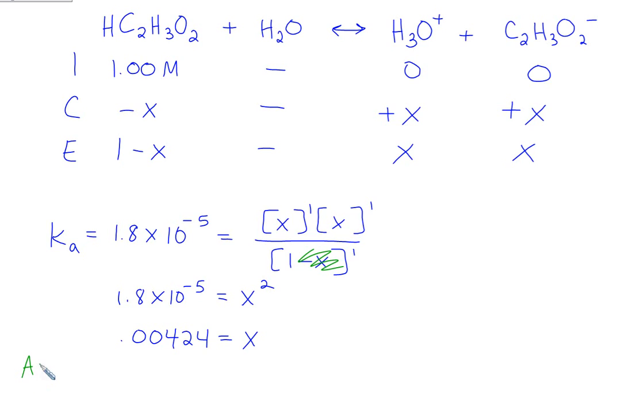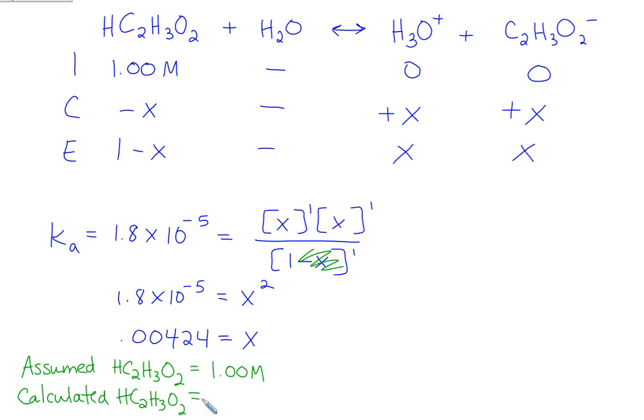Okay, so I made an assumption. I assumed that the acetic acid, HC2H3O2, was just 1. When I did my calculation, I just used it as 1. But now when I calculated it, that acetic acid is really going to be 1 minus 0.00424, which is about 0.996.